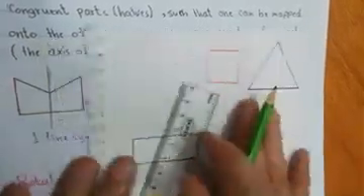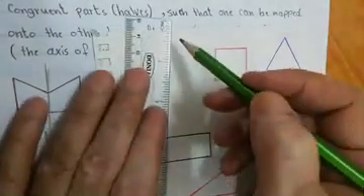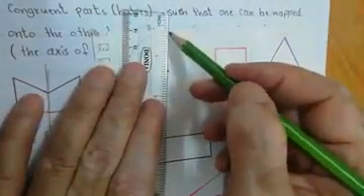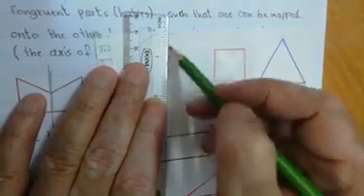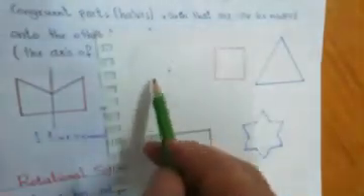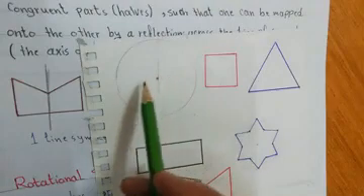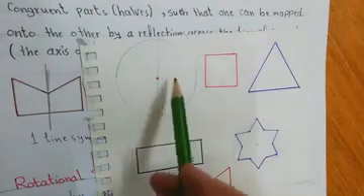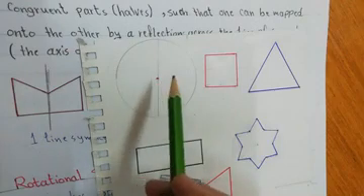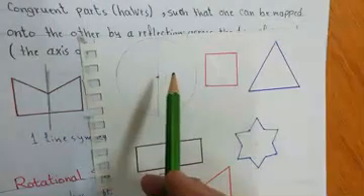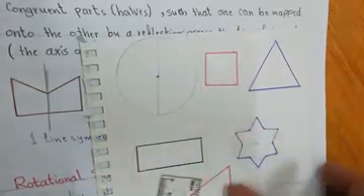About the circle, any diameter cuts the circle into 2 identical halves. So any diameter in the circle is a line of symmetry. So how many lines of symmetry for the circle? It has infinitely many lines of symmetry.